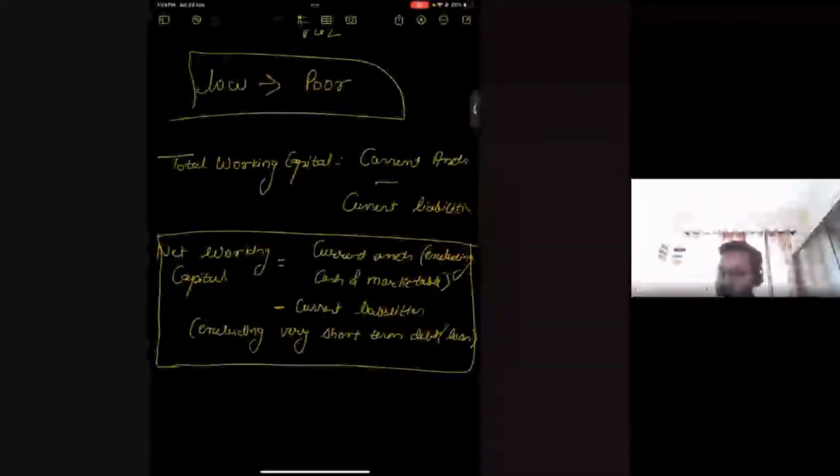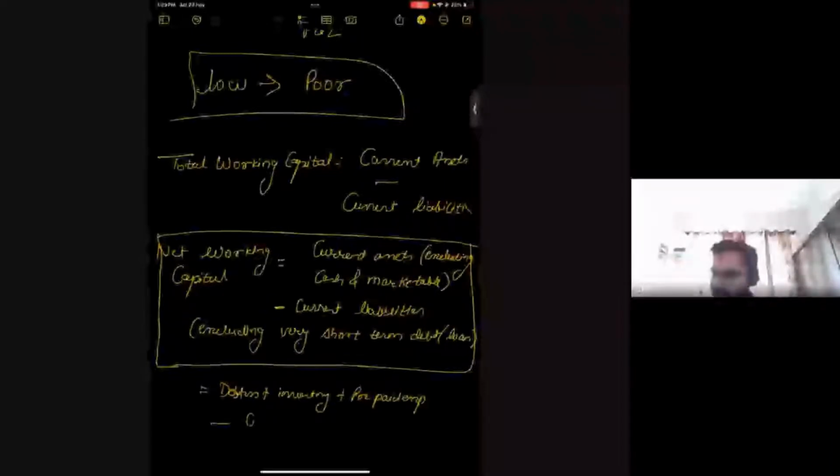Barring my cash, if I have debtors plus inventory plus prepaid expense, minus all the current liabilities, excluding bank loans, which is to say creditors, and also removing accrued expense, what is left?